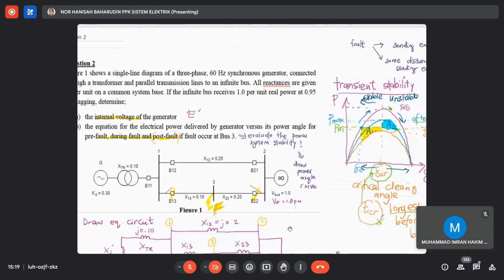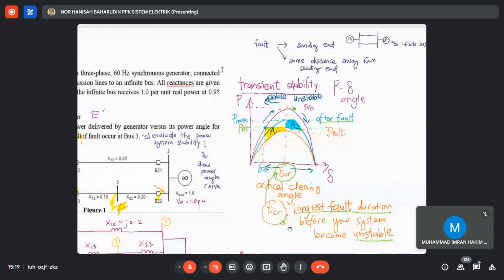I have taught you that the fault may be somewhere around the middle or some distance away from the sending end, not necessarily at the middle of the transmission line.